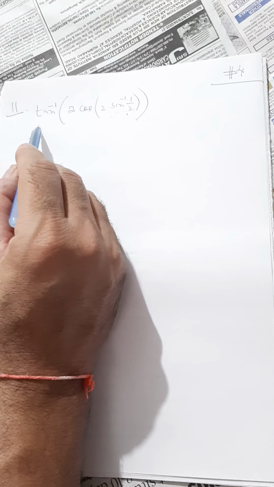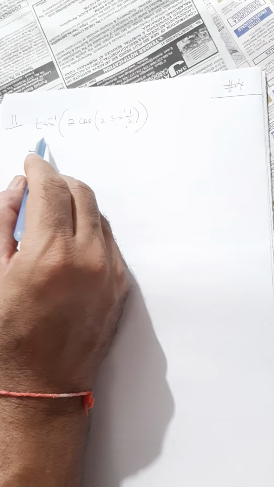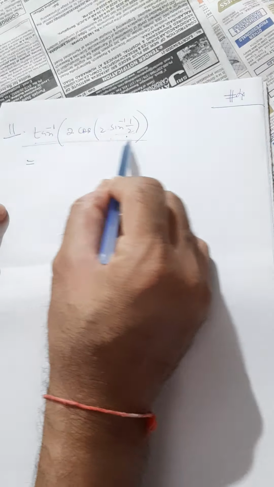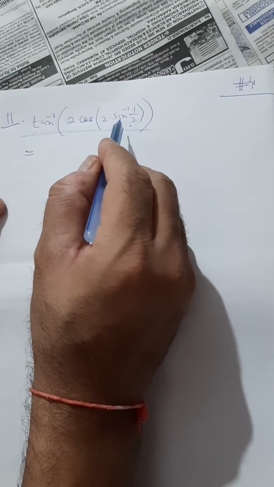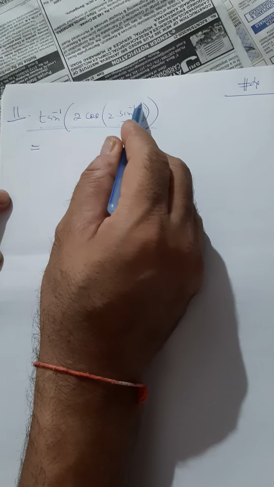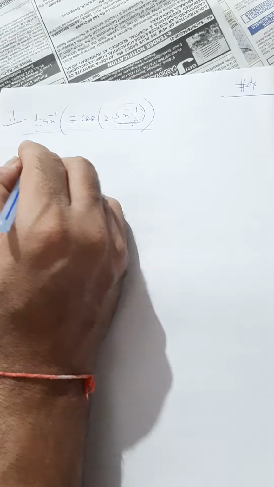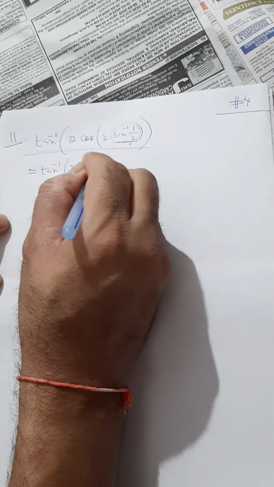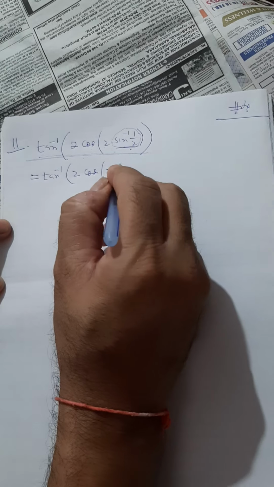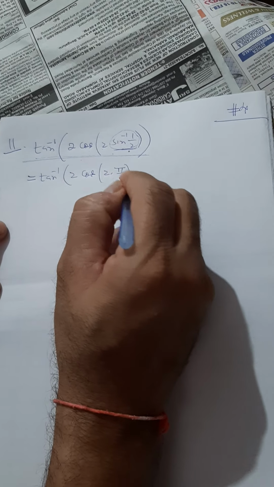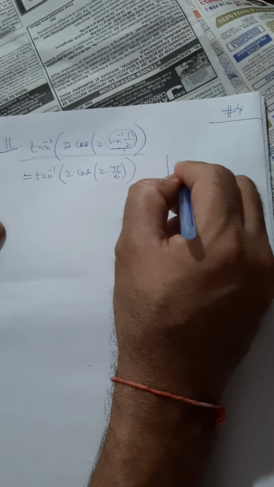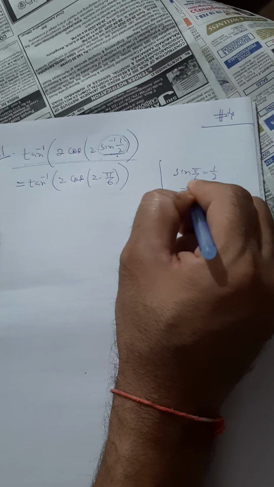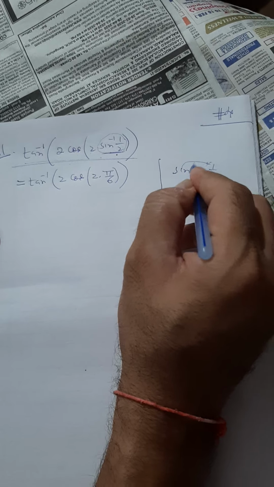So now, 11th question onwards, you are asked to find the value. So we want the value of this expression. It would be a fixed number. If you start with the innermost, sine inverse 1 by 2, you recall sine pi by 6 is 1 by 2. So therefore sine inverse 1 by 2 is pi by 6.